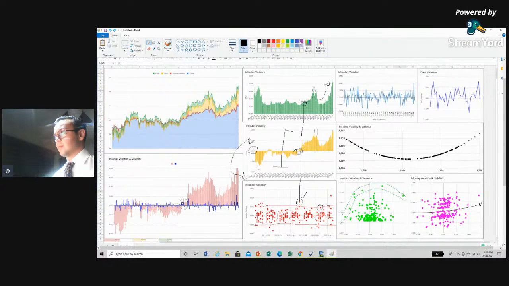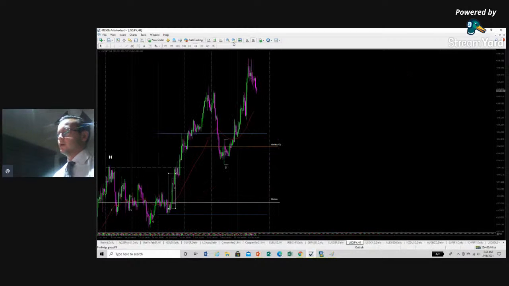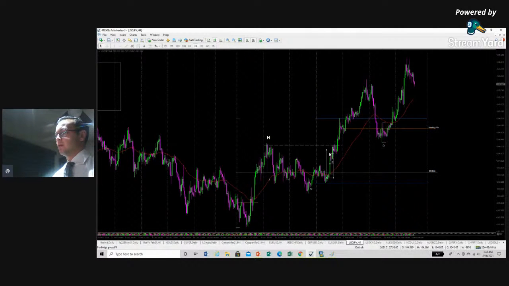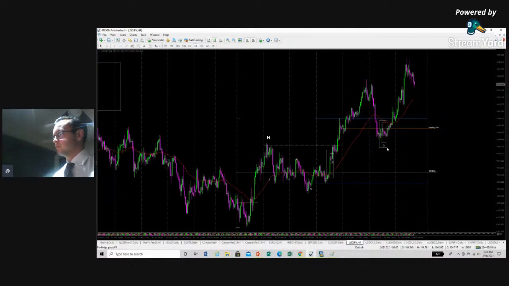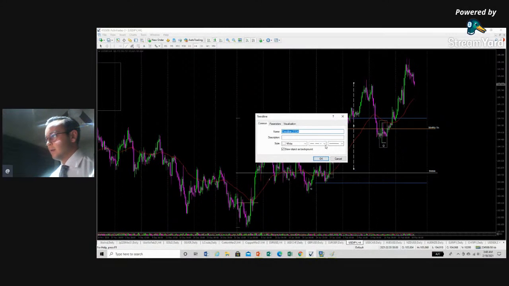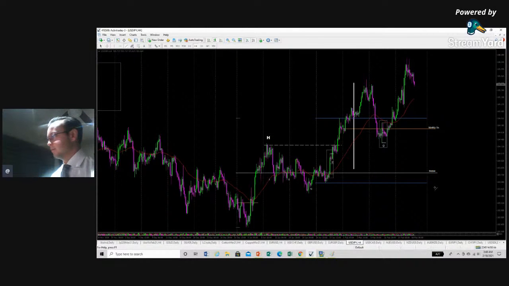Because those two boundaries are representing these deviations. They are representing how far the price moves from the median value, which is this one over here, this gray line.